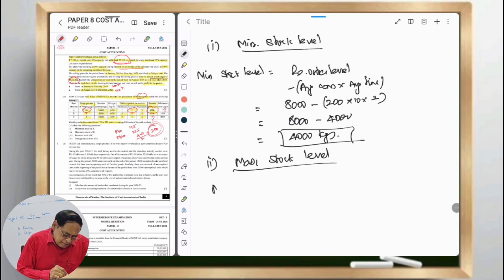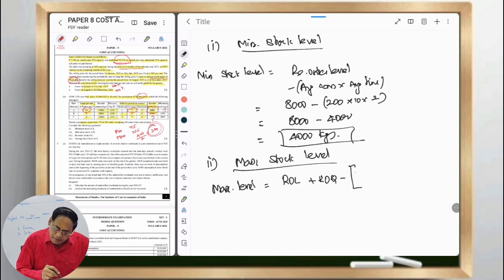So the maximum level equals reorder level plus reorder quantity minus minimum consumption. Minimum consumption means the minimum rate of consumption, the minimum requirement, into the minimum reorder period, the minimum time required.